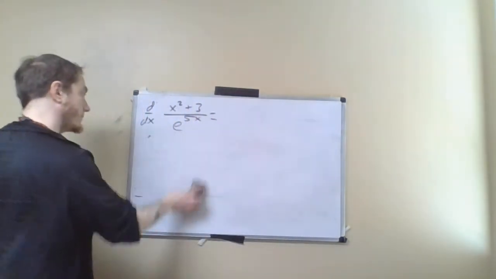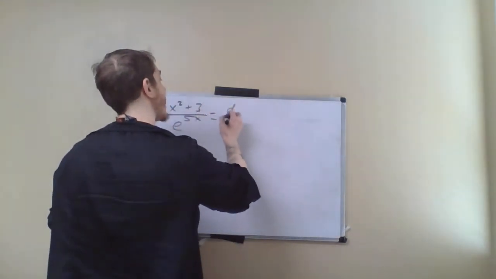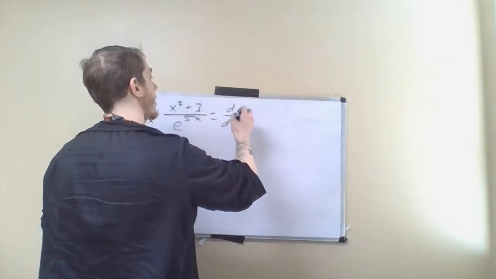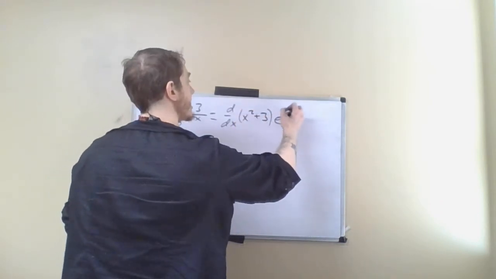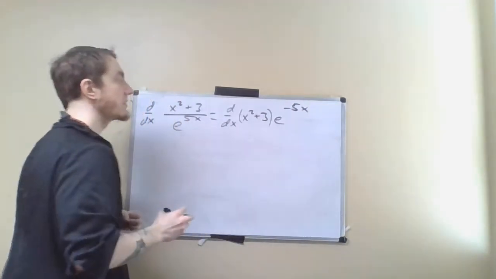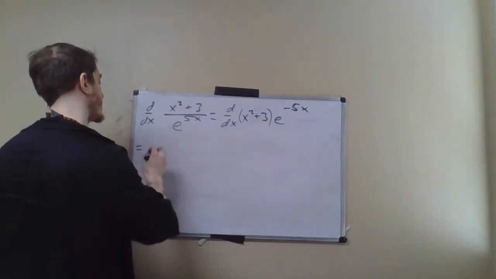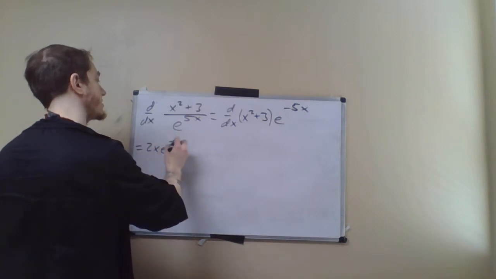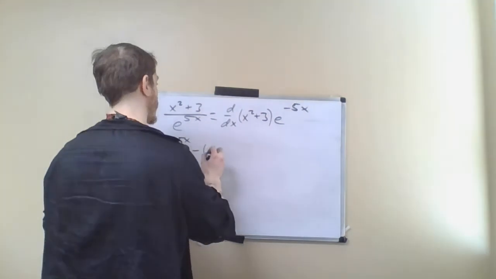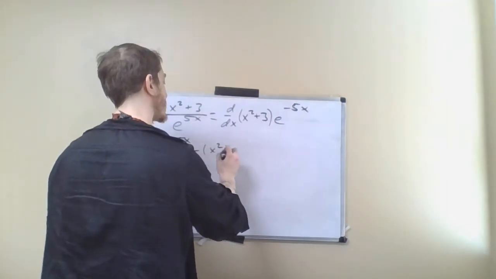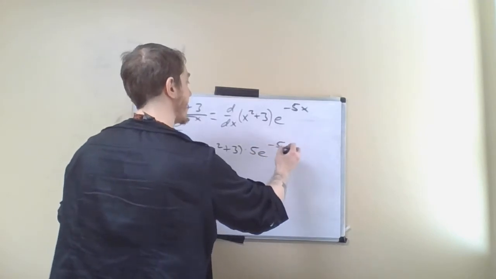Before I go into this problem, let me rewrite this as the derivative of x squared plus 3 times e to the minus 5x. And now I can just use the product rule, because this is now going to become 2x e to the minus 5x, and then we're going to have minus (x squared plus 3) times 5 e to the minus 5x.